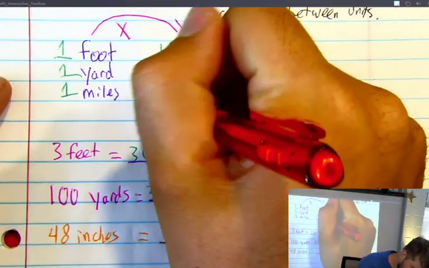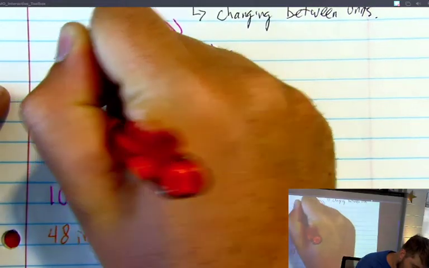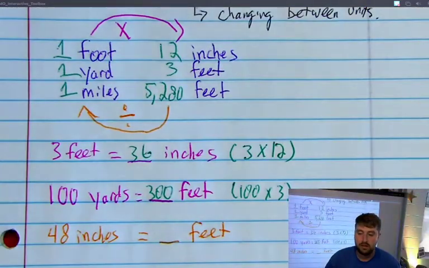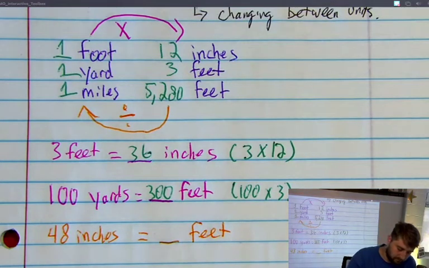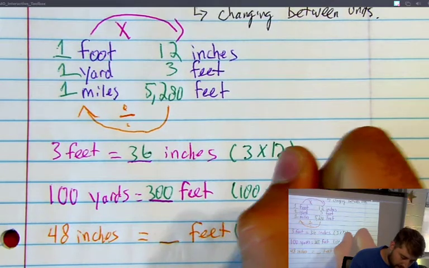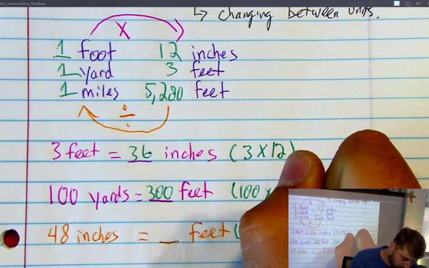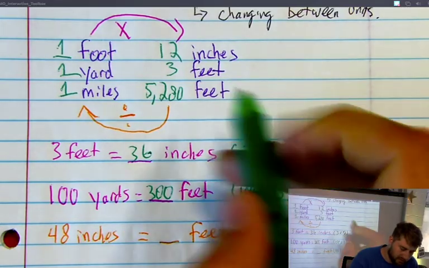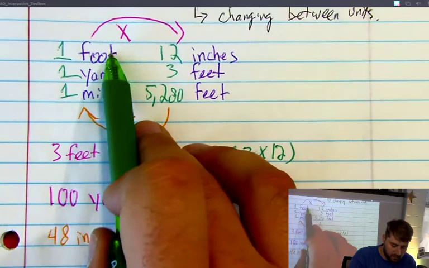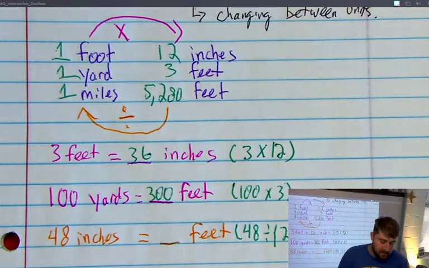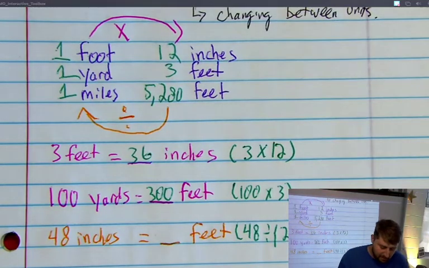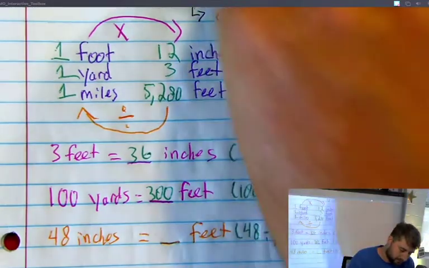So when we go from the small unit to the big unit, or the right column to the left column, we need to divide. So we are going to divide 48 divided by 12, because there's 12 inches in every foot. So we're using the same measurement conversion here. 1 foot is 12 inches, just like on our ruler. But instead of multiplying this way, we are now going to divide going right to left. So 48 divided by 12 is 4.